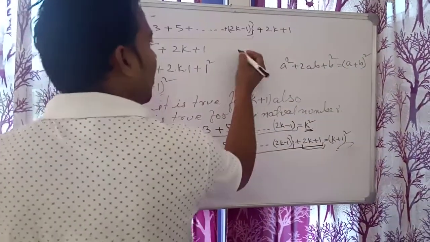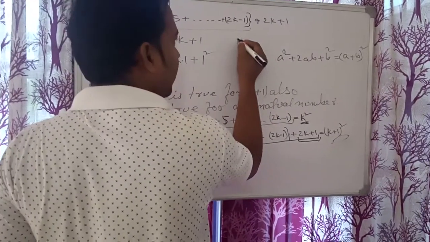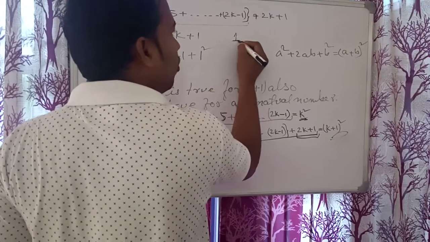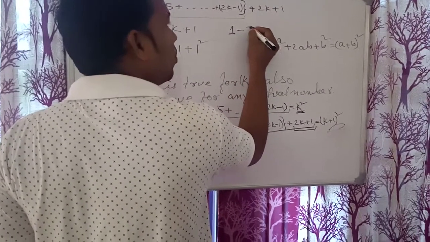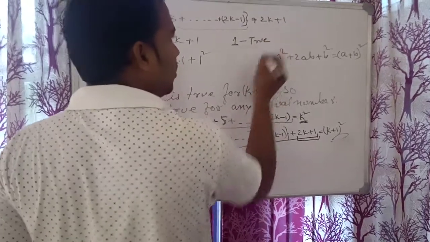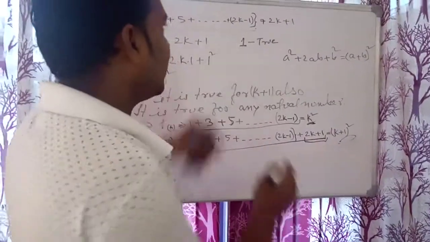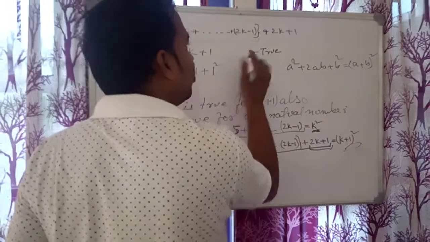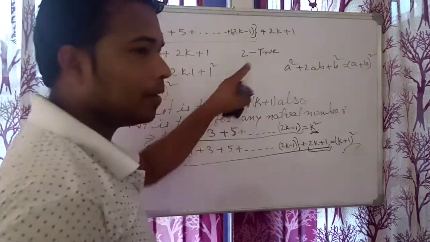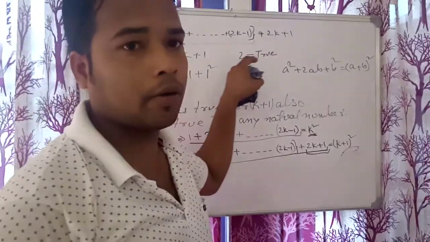First thing is that first you have to do for 1. Then it will be true. If this one is false, then you have to check for 2. Sometimes it may be like that, even number or odd number.